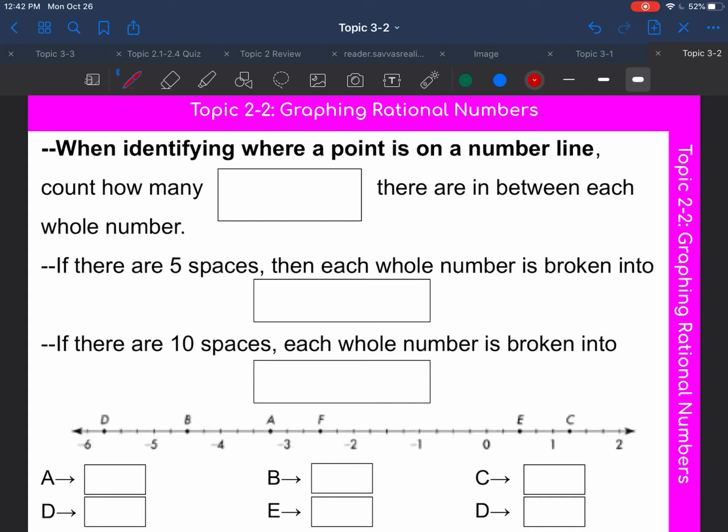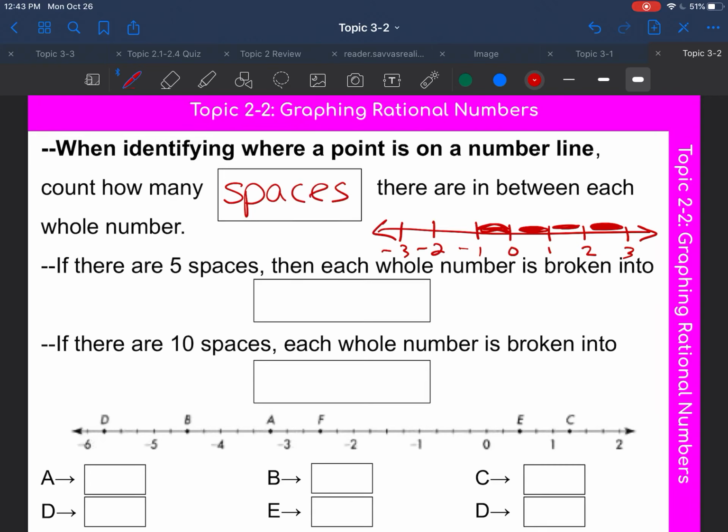It says, when identifying where a point is on a number line, count how many spaces there are in between each whole number.